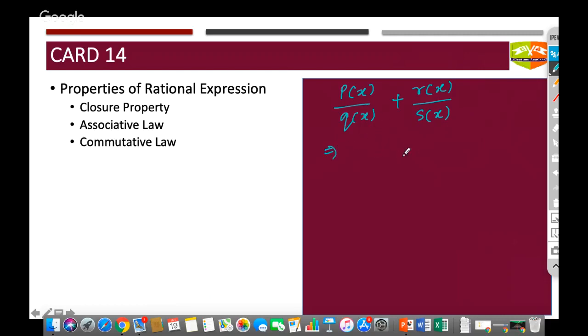So what you can do is take the LCM of q(x) and s(x), and this becomes p(x) into s(x), and this becomes r(x) into q(x). Similarly, in case of subtraction, this will turn out to be negative, so I'm writing positive and negative both here.